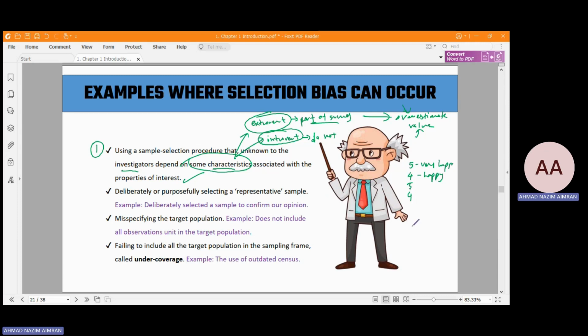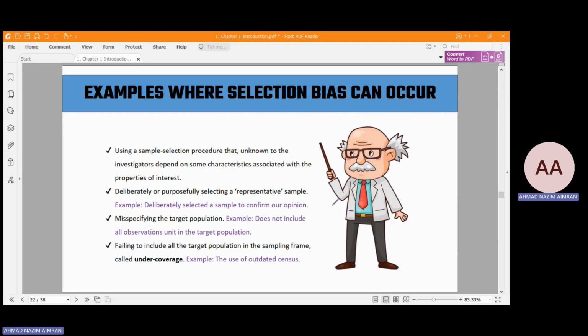And an introvert might respond neutral, happy, and maybe 2 not happy. So if your respondents only consist of extroverts, this is what you get. And if your respondents only consist of introverts, then this is what you get. So in total, if we only take into account these responses, then it will be an overestimated statistic. That is the first one.